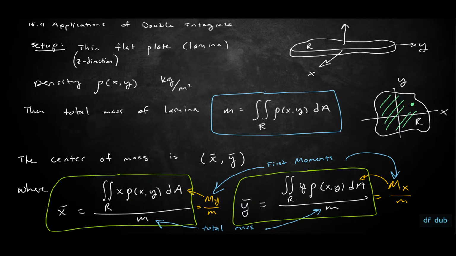So this is basically the balance point for the lamina.